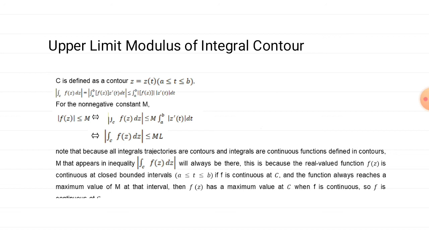This is because the real valued function f(z) is continuous on the closed bounded interval a less than or equal to t less than or equal to b, and the function always reaches a maximum value M on that interval. Then f(z) has a maximum value on C when f is continuous at C.